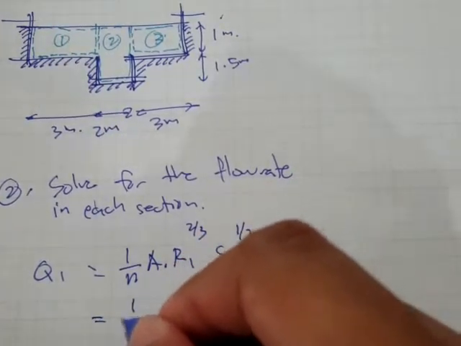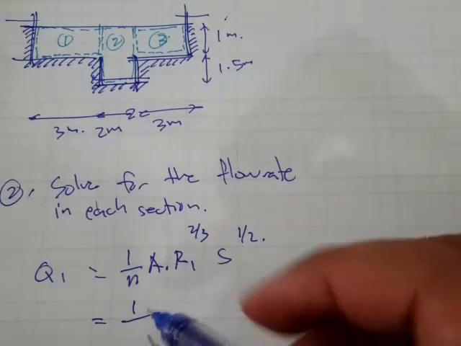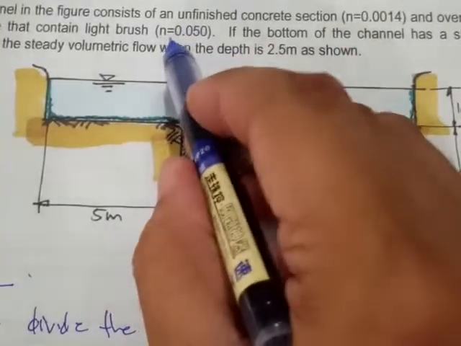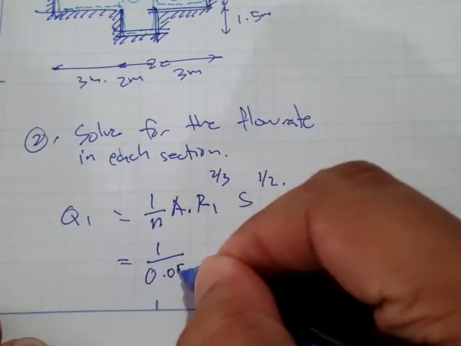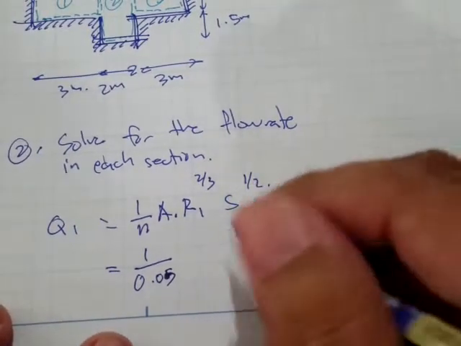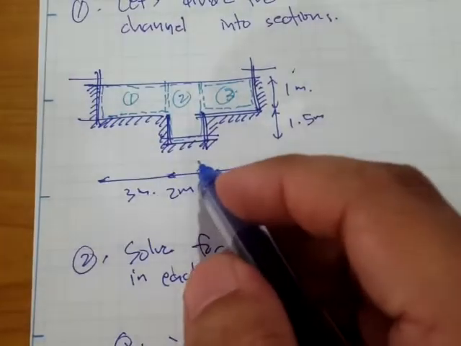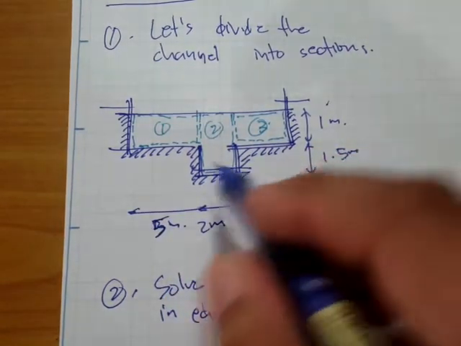So 1 over n, and our n for section 1 is 0.050. Our area is 5 meters times 1, since this is 5 meters and this one is also 5 meters.